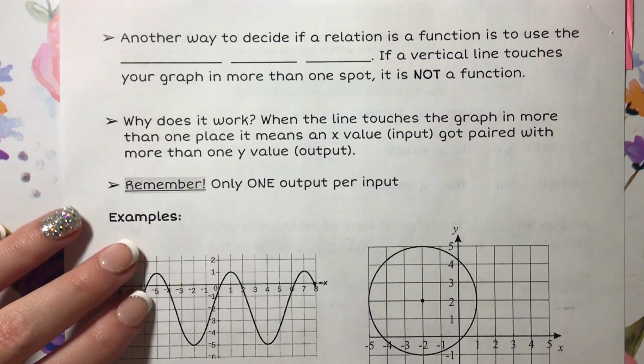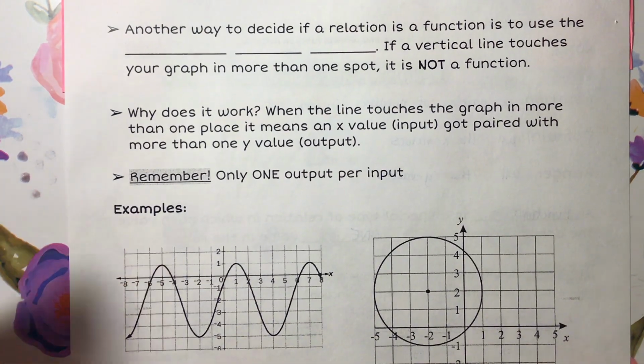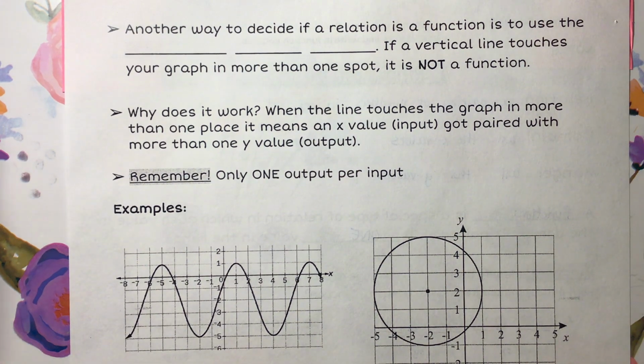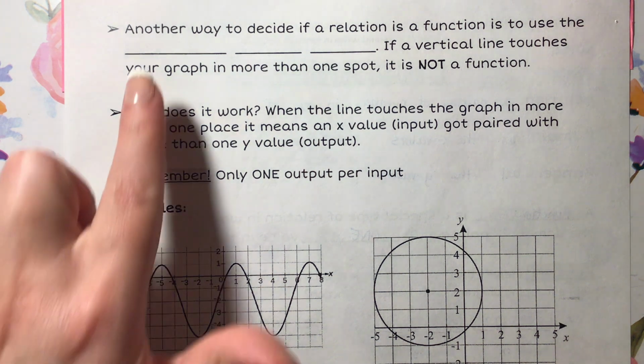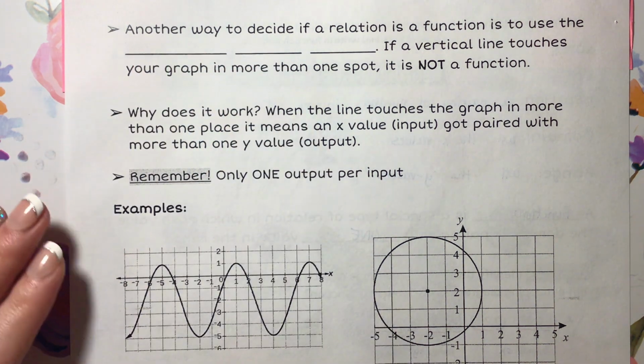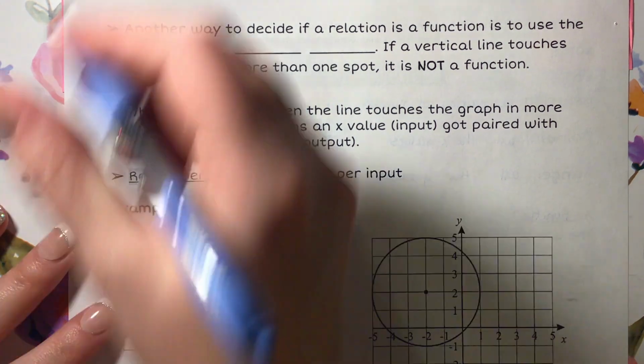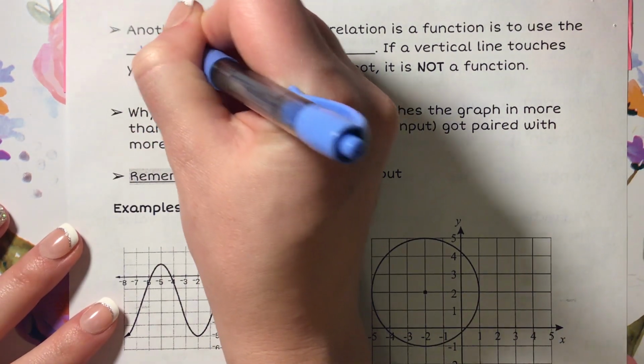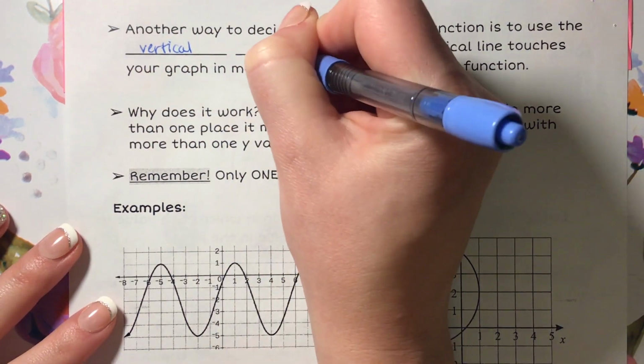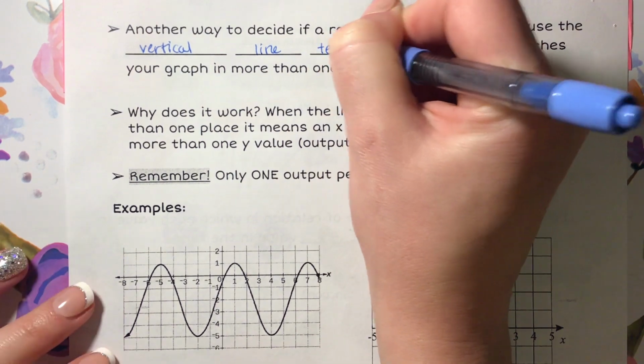Now, you're not always going to want to make a mapping diagram. You might be given a graph, and making a mapping diagram is not the most convenient way of figuring out if something is or is not a function. If you're given a graph, there is something called the vertical line test. So another way to decide if a relation is a function is to use the vertical line test.